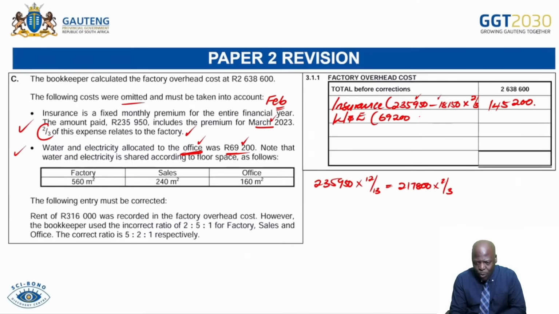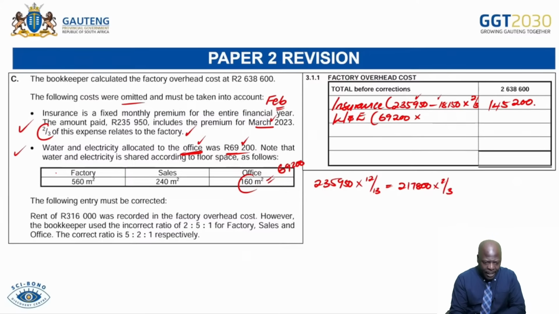69,200. Then you now say, that means the 69.2 is equal to the portion which the office occupies in the entire building, which is your 160 square meters. So you now say this is equal to 69,200. What do we want?